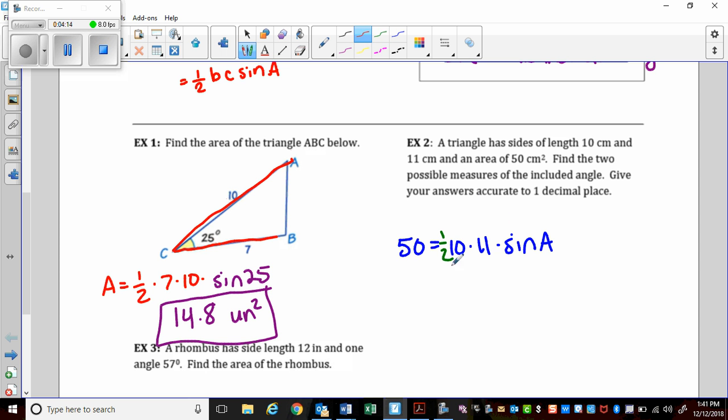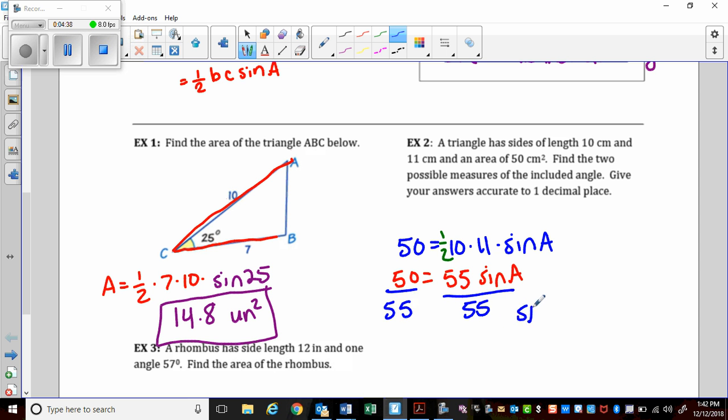All right, so I'm going to multiply this, and then I'm going to get 50 equals, when I multiply this and then divide it by 2, I think I get 55. Tell me if I'm wrong. Sine of A. It's multiplied by my sine.